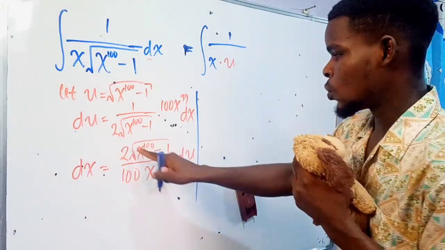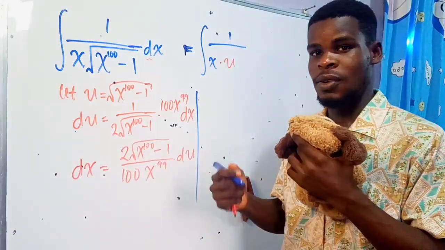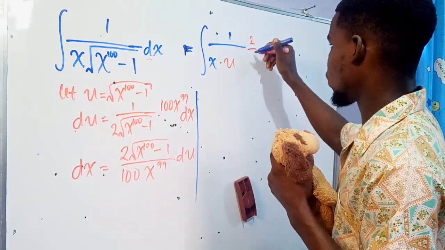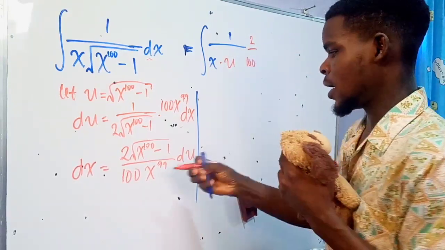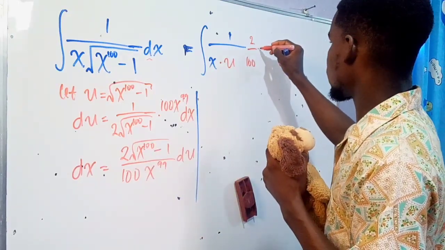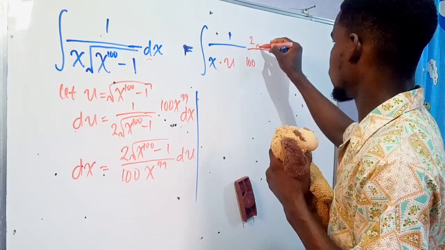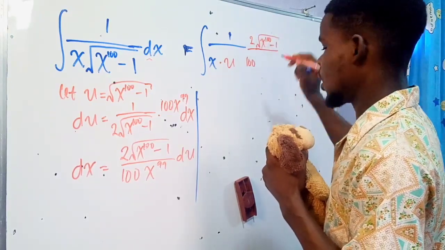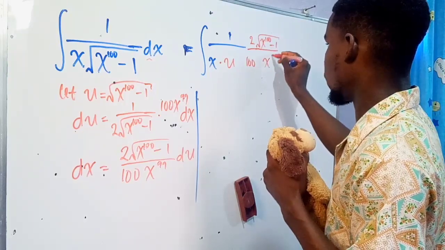That will be 2 over 100, which is the same thing as 1 over 50, right? Let's just do it little by little. 2 over 100, and then the square root of x raised to the power of 100 minus 1, then we divide that by x raised to the power of 99.